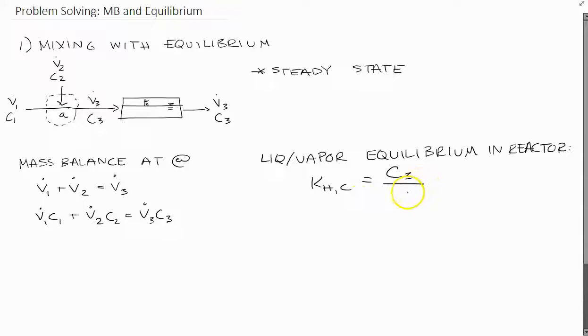Remember, this needs to be in moles per liter, divided by whatever the partial pressure of C is. Depending on what you're asked, maybe you need to convert that partial pressure to something else. Or maybe you're given the partial pressure and you need to figure out what C3 is, or maybe you even need to go back and figure out what C1 or C2 is, depending on what the question is.